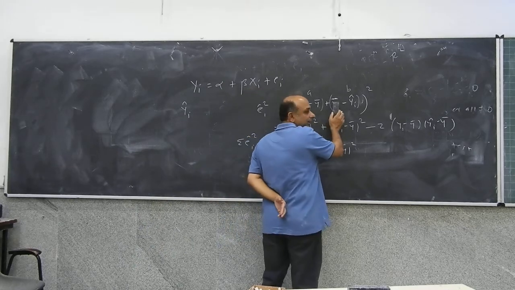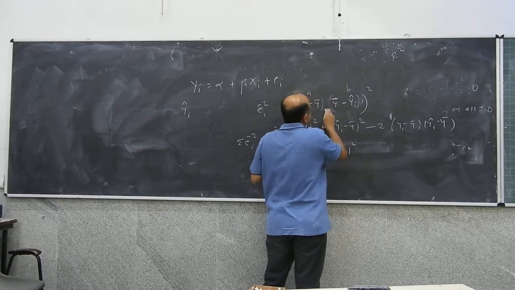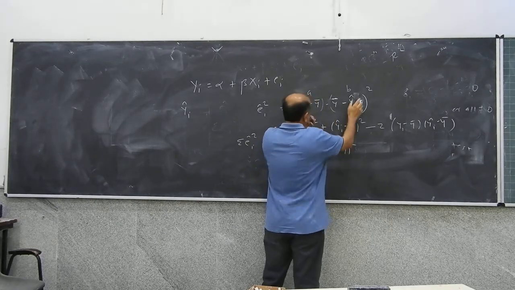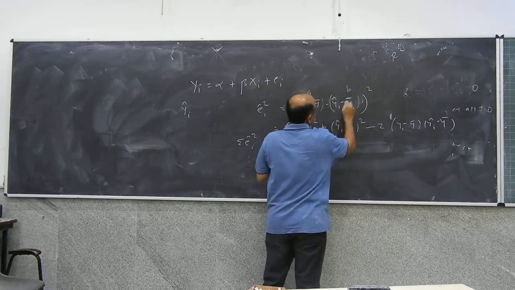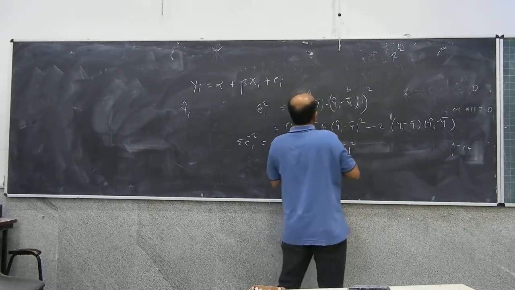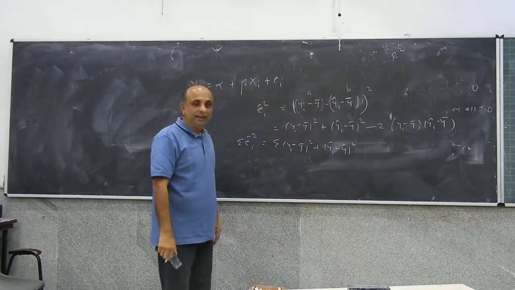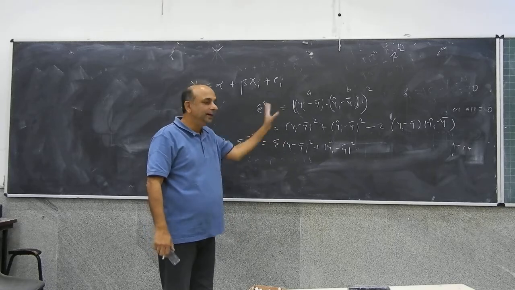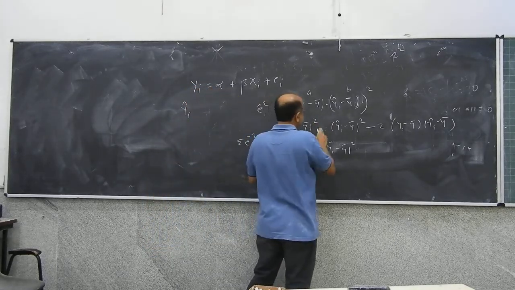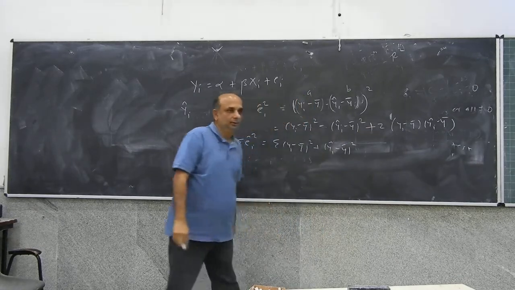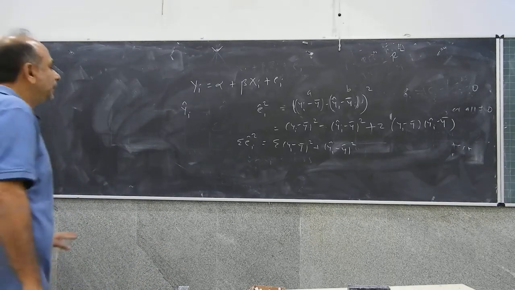Actually, let me just rewrite this a little bit more intelligently. Same thing, no? If I rewrite this, this will become minus and this will become plus. Now you see some parts.